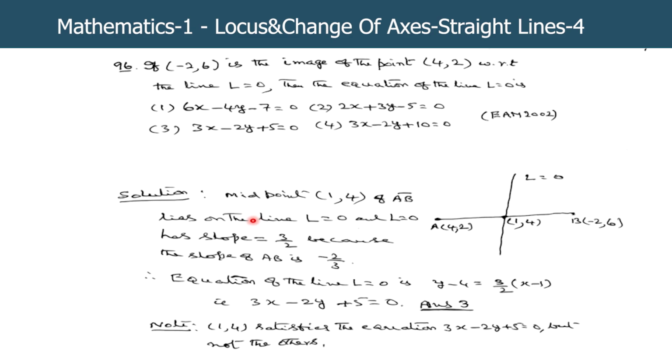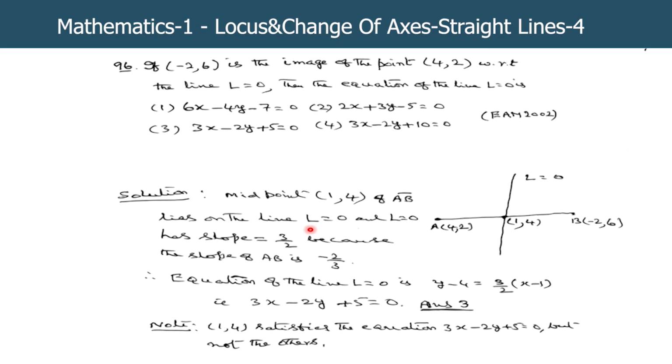Now, suppose A is equal to 4, 2 and B is equal to minus 2, minus 6. Then the midpoint of AB bar is simply 1 comma, minus 6 plus 2 by 2, which is minus 2. So the midpoint of AB bar is 1 comma 4.